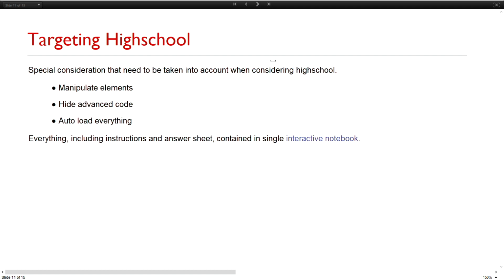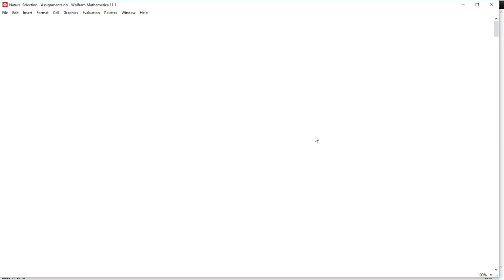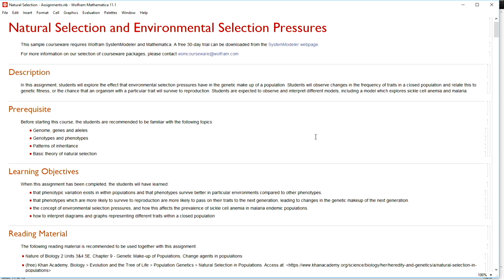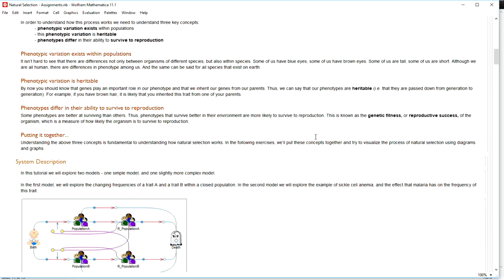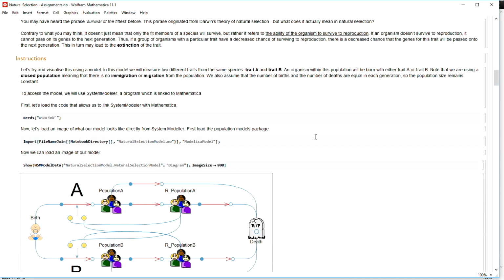So I want to show how this can look as we give it to a student. It looks like the things that John showed you, but a bit different. Here we have the thing that we give to the students. It contains the reading material and a system description.